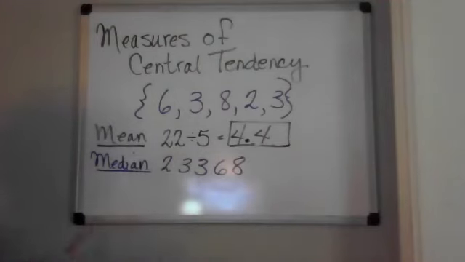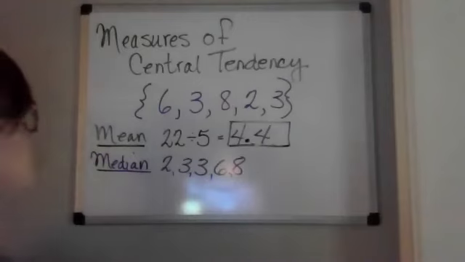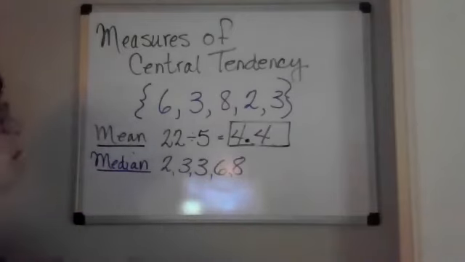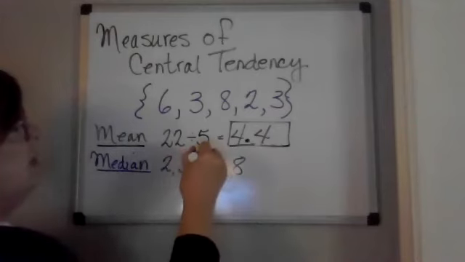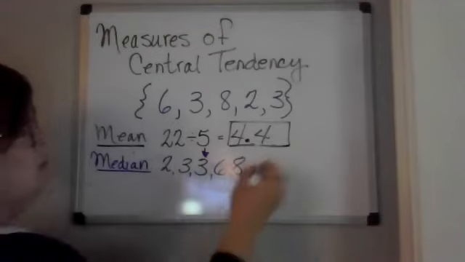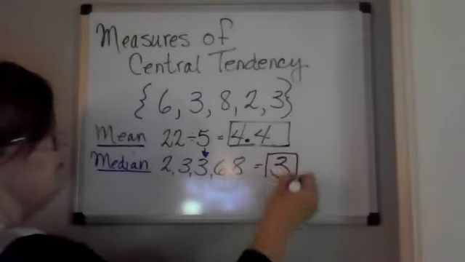That's putting them in order. So the median is the middle number. In this case, the middle number is right here. We don't have to do any averaging. So the median is simply 3.